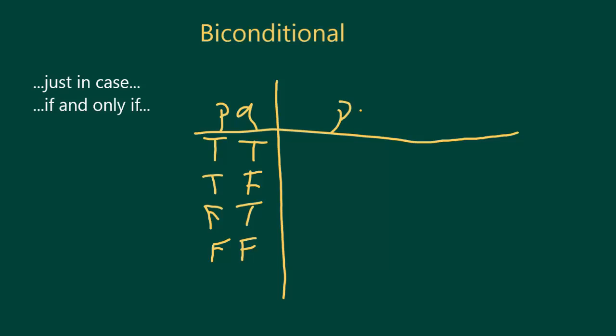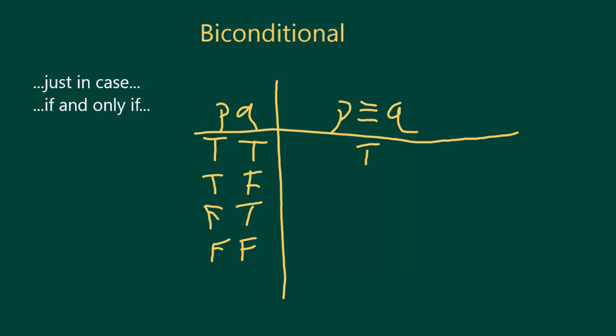The statement that we're worried about is P if and only if Q. If I tell you that it rains just in case the grass is green, it'll be true when you find out that it is raining and the grass is green.